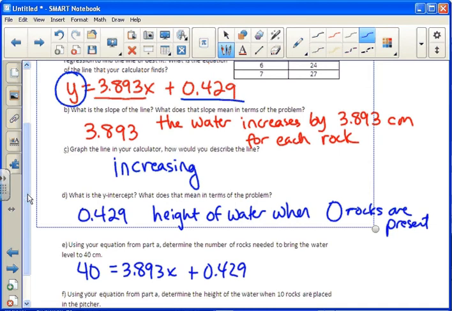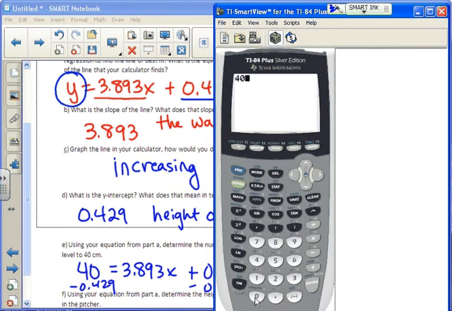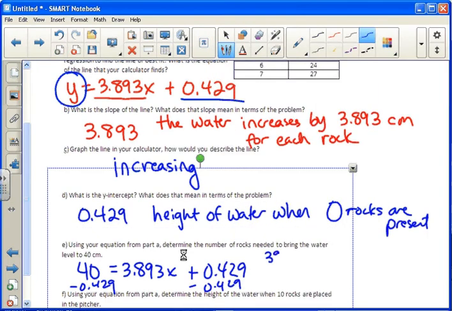I'm going to subtract 0.429 from both sides. You get 39.571 equals 3.893x. So then just divide both sides by 3.893.